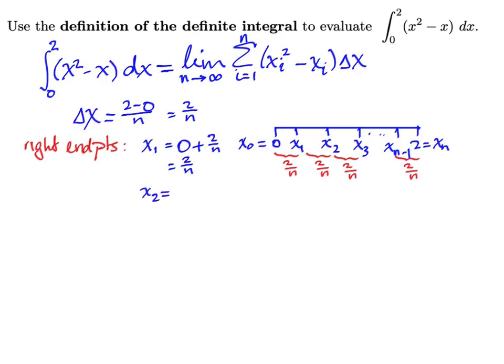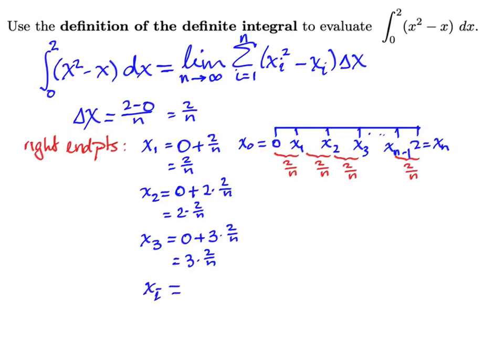Then my second right endpoint was 0 plus 2 delta x's. So 2 times 2 over n. So that's x2. And then my third right endpoint, I go 0 plus 3 distances of delta x. So it's 3 times 2 over n. And I'm keeping it factored so I can see the pattern.